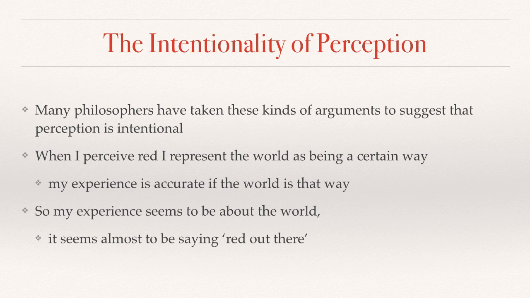So in some sense or other, now you may disagree, and I'm happy to entertain this discussion, but the claim is that in some sense or other, the best way to make sense of all of these things that we've been talking about is to attribute intentionality to perception, to attribute contents to perception, and to attribute accuracy conditions to perception.